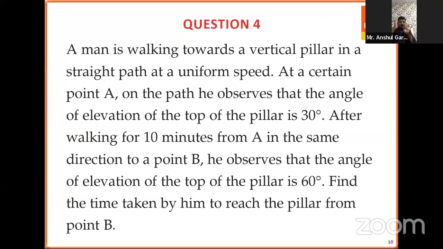After 10 minutes, in the same direction he observes the angle at 60 degree. So एक vertical pillar है और यहाँ पे वो देखता है 30 degree angle, 10 मिनट बाद 60 degree angle. So time taken by him to reach the pillar from B is? यहाँ से यहाँ तक का समय कितना लगेगा ये हमको बताना है.